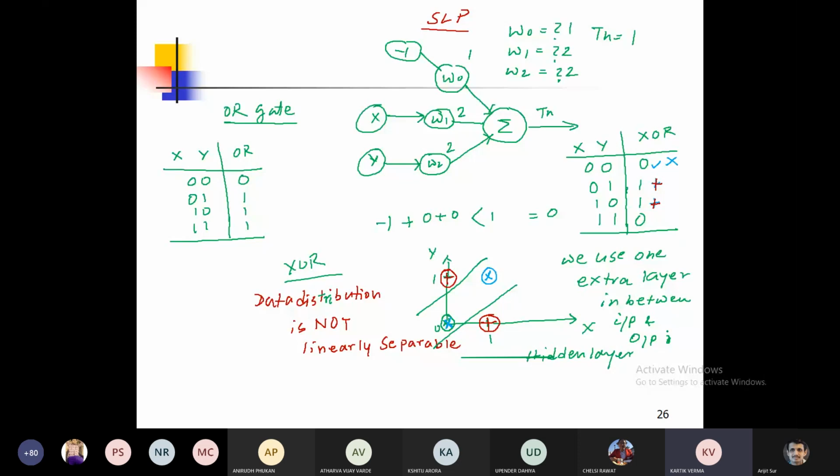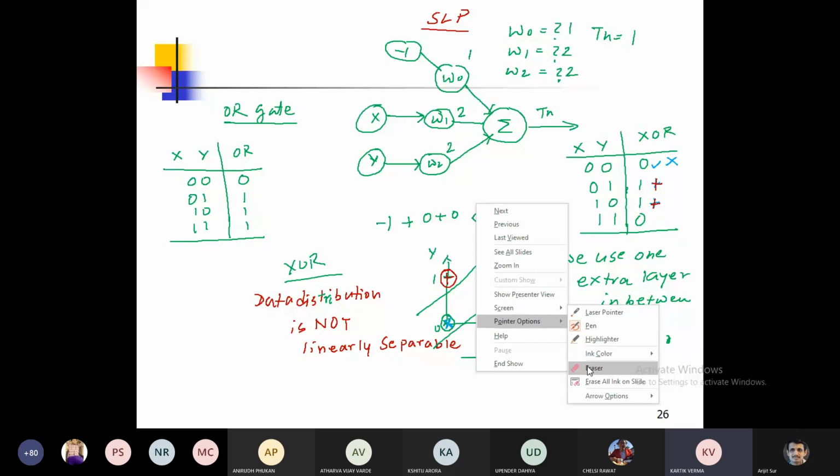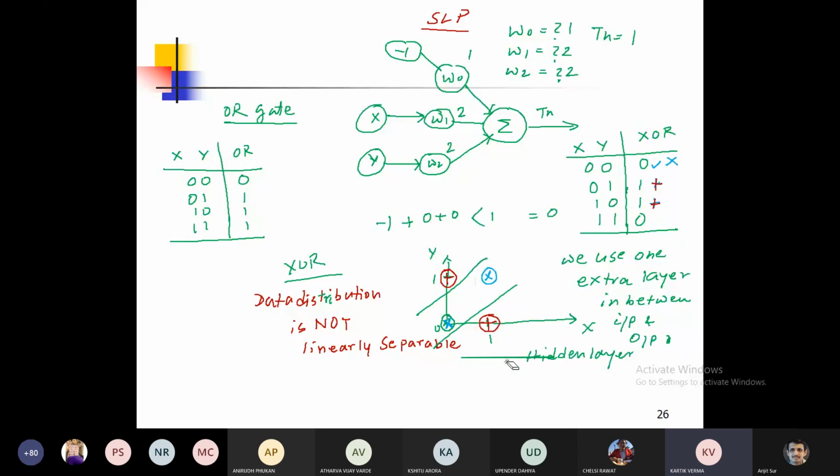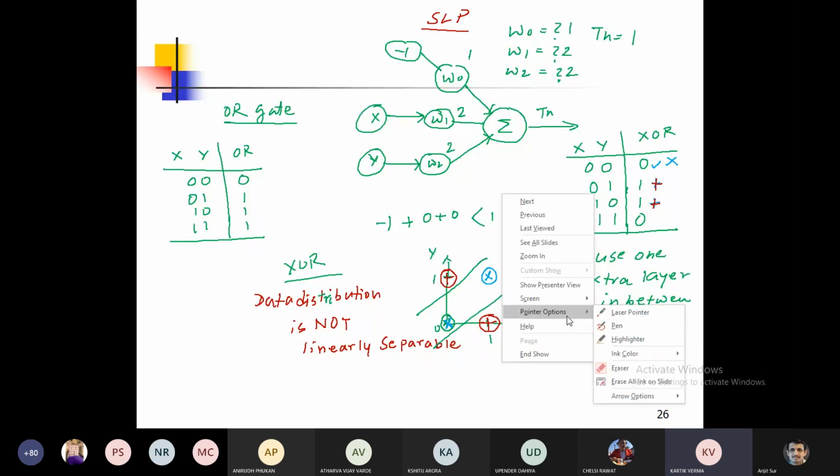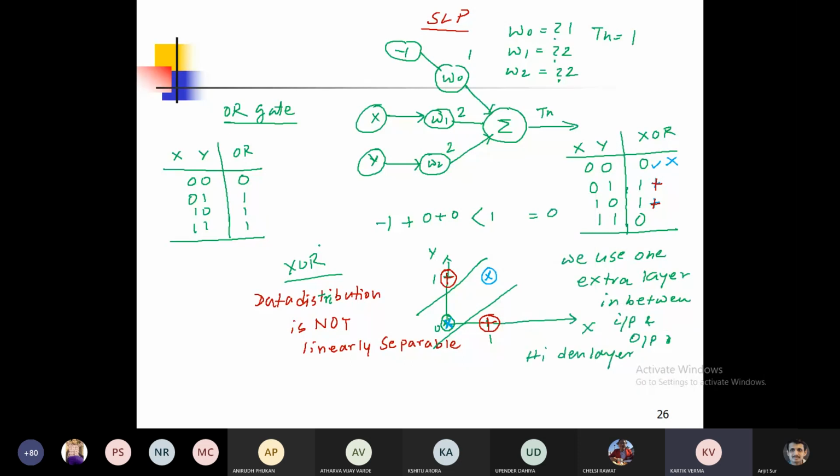Now, why do I put so much emphasis on this particular aspect? Because nowadays we are very much interested in the deeper network, the deep neural network. What do you mean by deep neural network? This is input and this is, let's say, output, and there are a lot of layers in between.